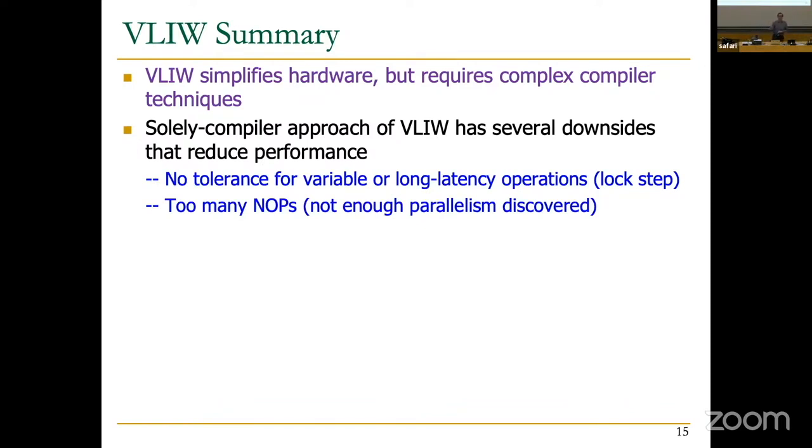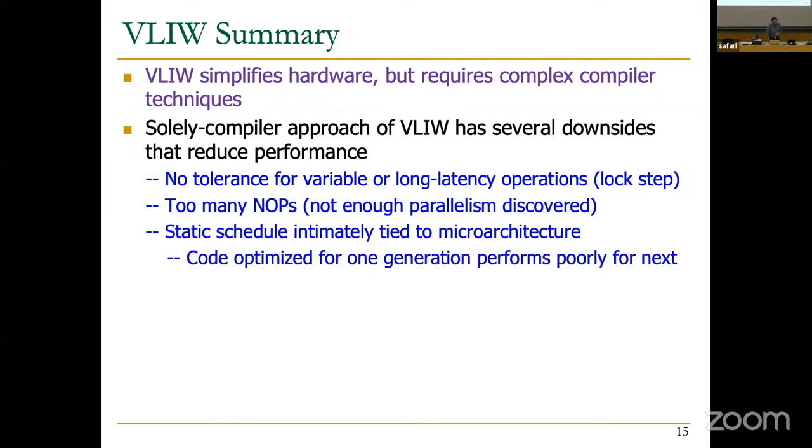The second one you can try to alleviate, somewhat successfully depending on the code. The third one also is a nuisance; you have to live with it, basically. Static schedule is intimately tied with microarchitecture. Code optimized for one generation performs poorly for the next, unless you recompile it. So all of these three are actually bad, but for the first one there's no solution. For the third one, there's no solution, but you could be smarter about it, maybe.